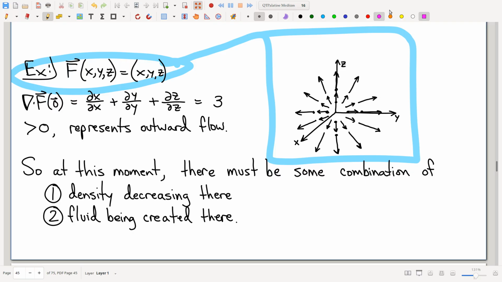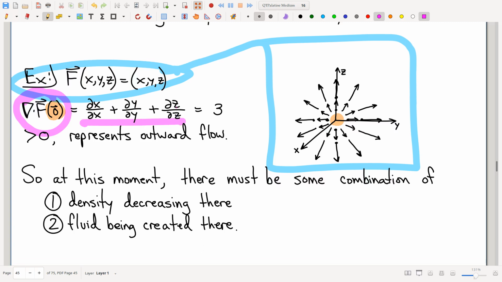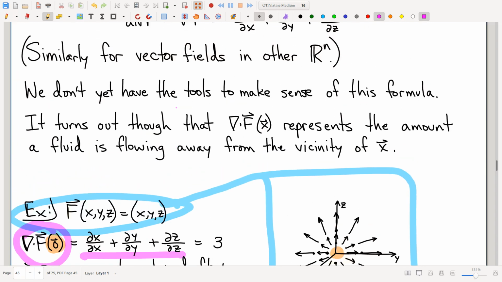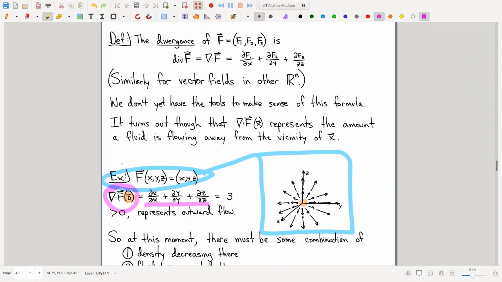Okay, let's compute the divergence. Specifically, I want to compute the divergence at the origin. So divergence says take various partial derivatives. Here are those various partial derivatives. I'm just plugging into this formula right here for divergence.